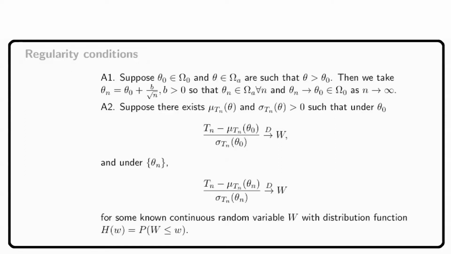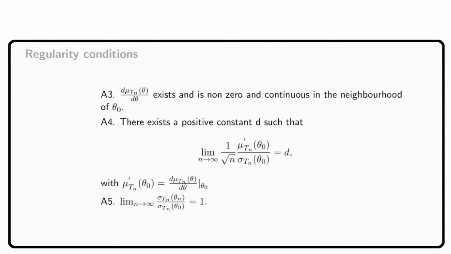In particular, W can be taken as the normal 0, 1 distribution.